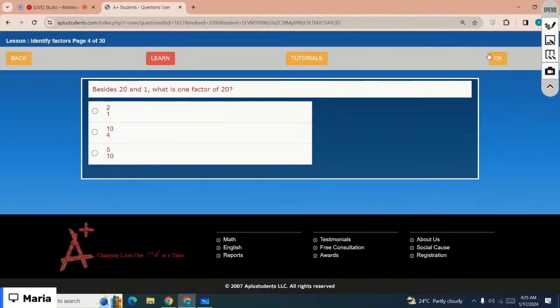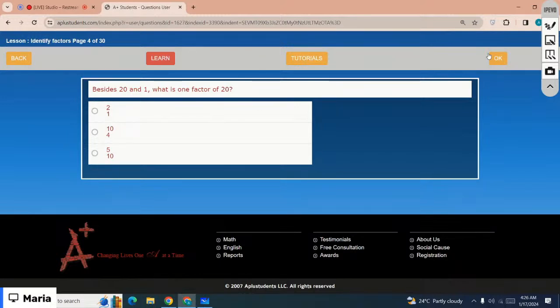The question says besides 20 and 1, right? 5 and 10 are factors, because 5 times 4 is 20 and 10 times 2 is 20.